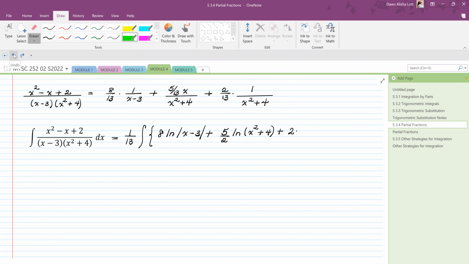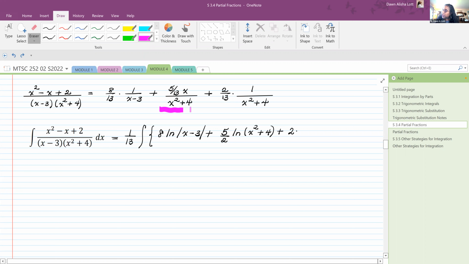Is it the natural log? Okay, we got the natural log from this one. This one gave me the natural log because its derivative is on the top. This one over here is a special integral.